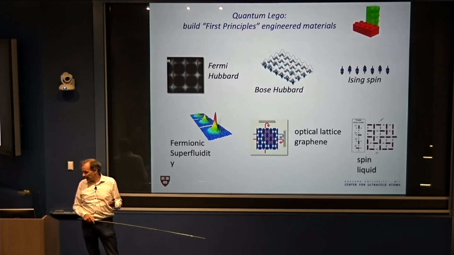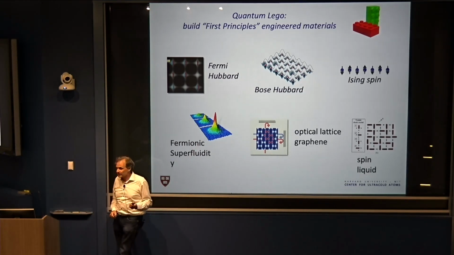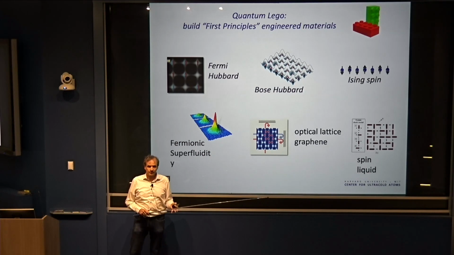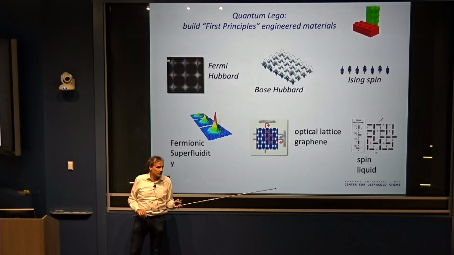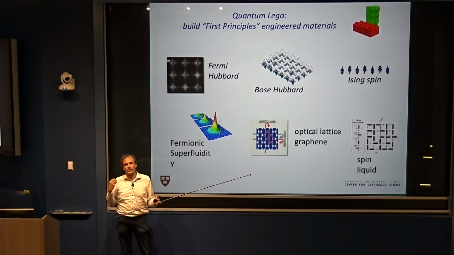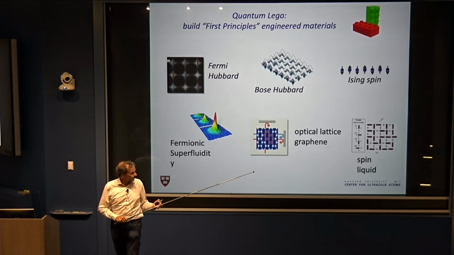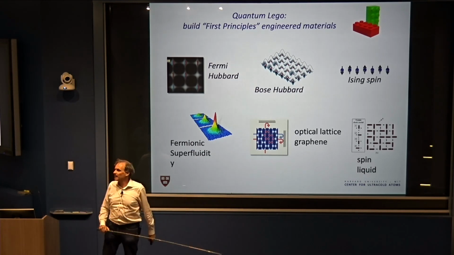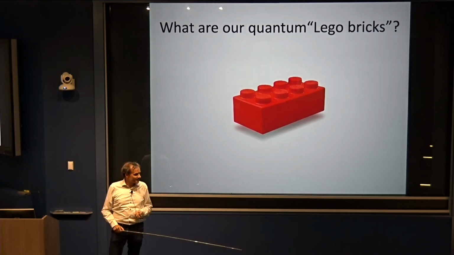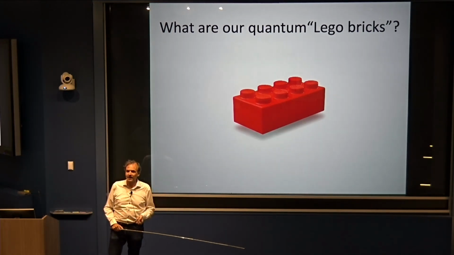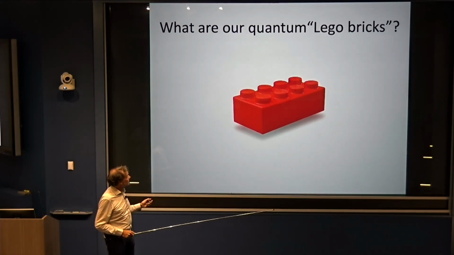Essentially we use these atoms like Lego bricks to build all kinds of different quantum models that are highly relevant if you want to understand quantum materials in material research. I will get to that. But let me first tell you a little bit more about how these atoms are our Lego bricks from which we can build these artificial many-body quantum systems.